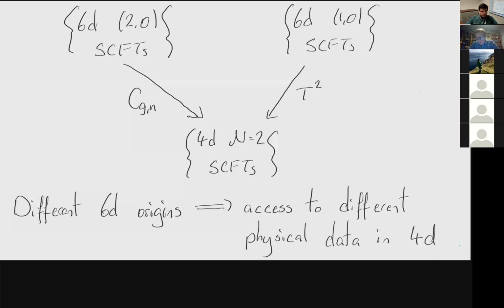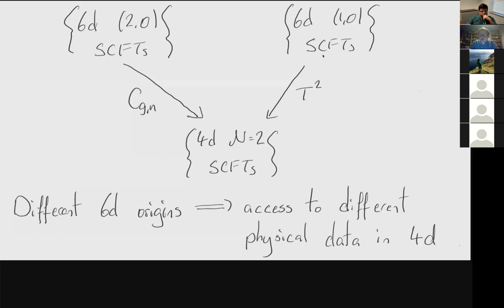However, there's also a very practical reason to want to understand this question, which is that if you have 2 different 6D origins of a theory, then you can access different physical data in 4D. For example, in this picture here, you may have physical data in 4D which depends on this choice of Riemann surface.